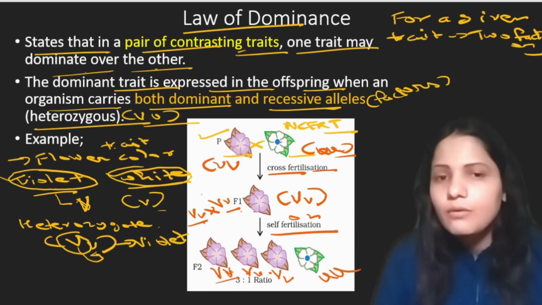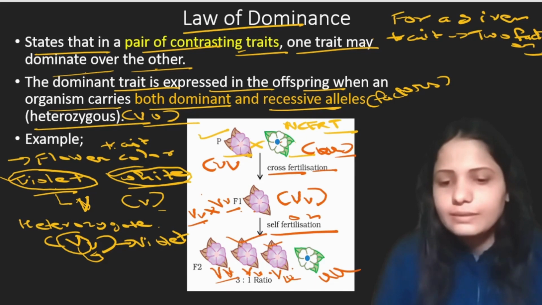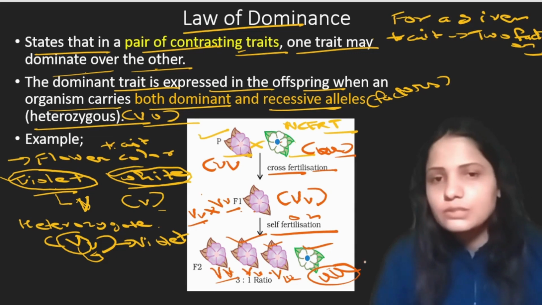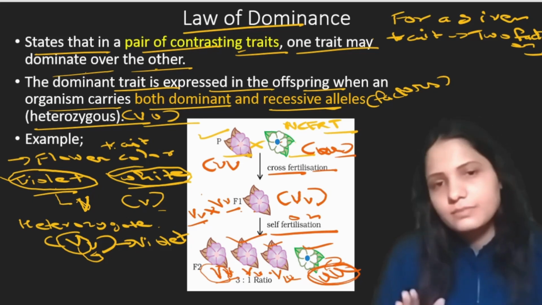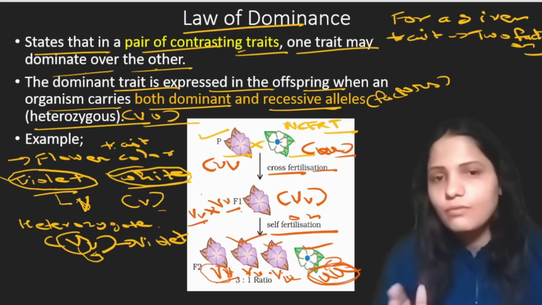So this will be violet, this also violet, and this one is white, as it contains only small v, the white allele. Okay, recessive allele. In the absence of dominant allele, recessive allele will express itself, but in case dominant allele is present along with recessive allele, then only dominant allele will express itself, like in case of violet and white.